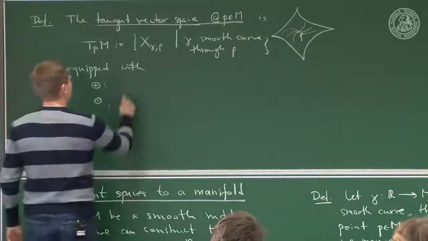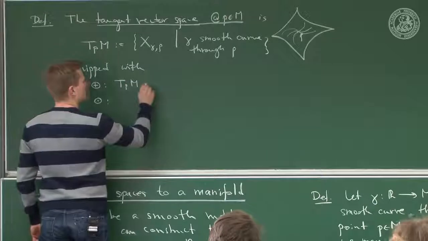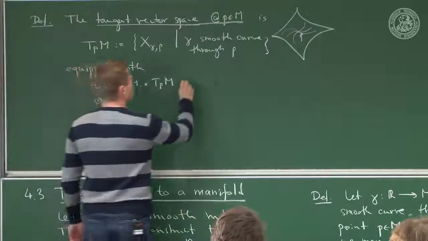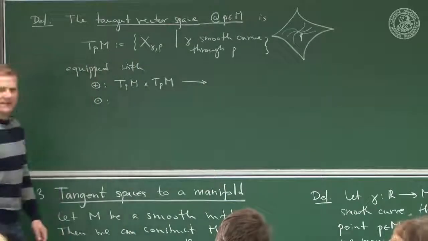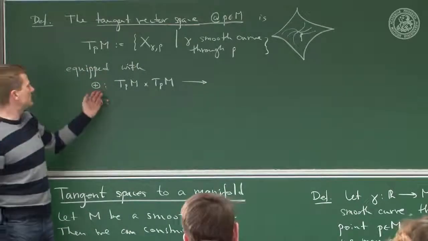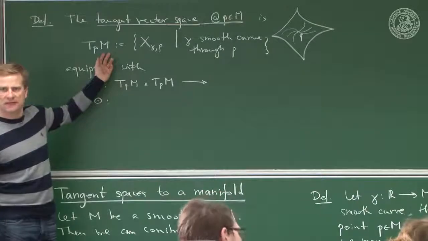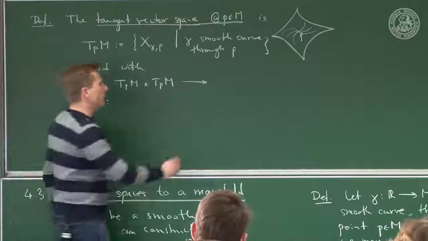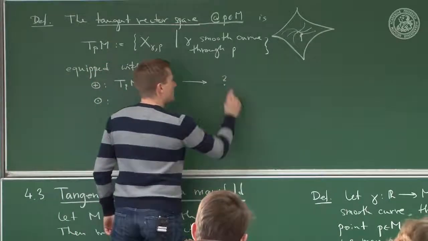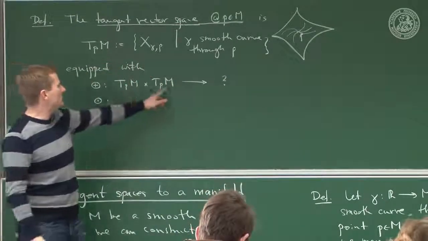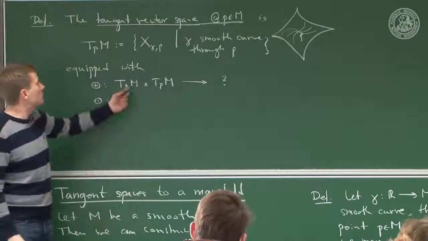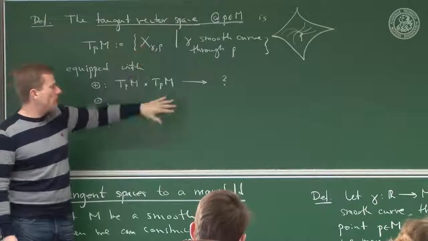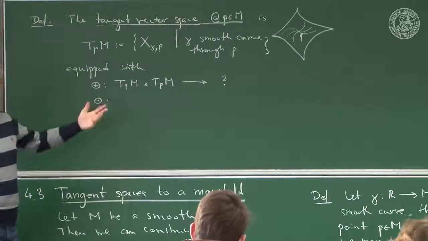And the addition must take us from two tangent vectors to a tangent vector, of course, if the addition needs to close on the set. But I'm going to define it in a way in which it will first remain open whether the addition will actually produce, again, such an object. And it will be one of our tasks to show that it does.